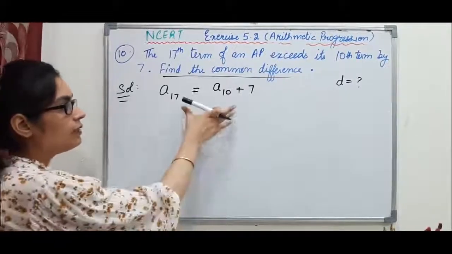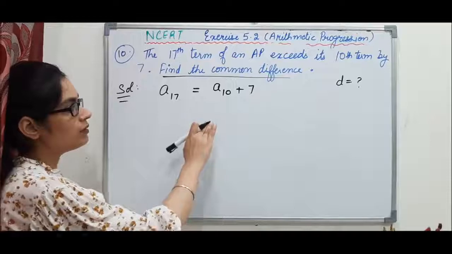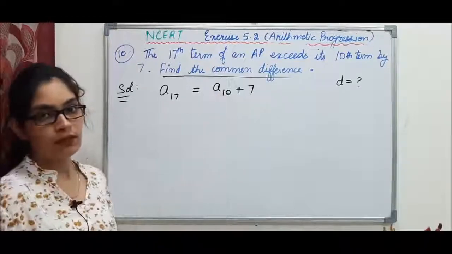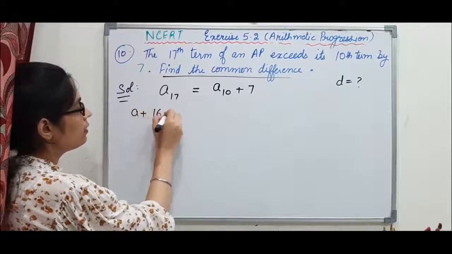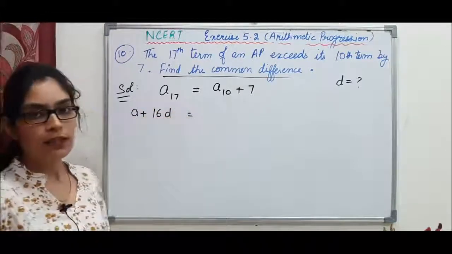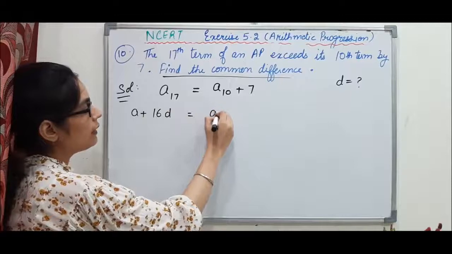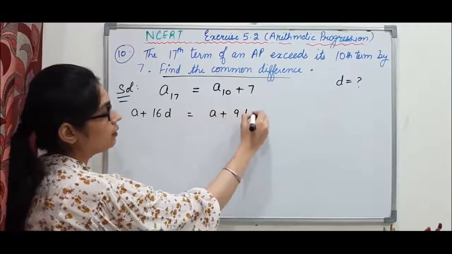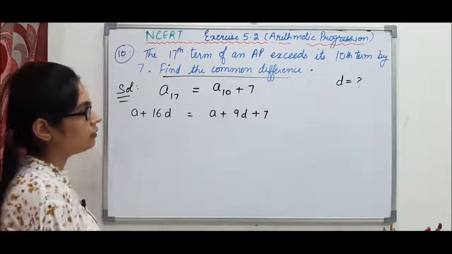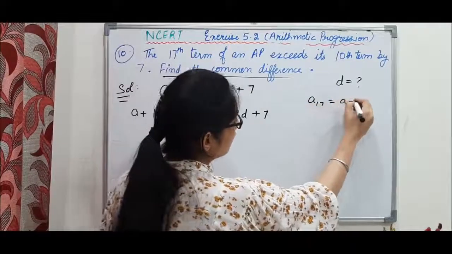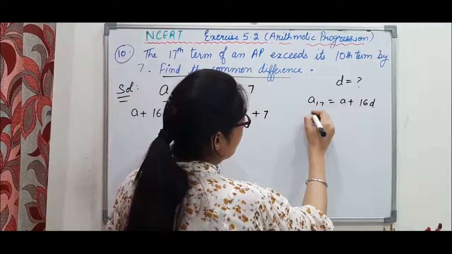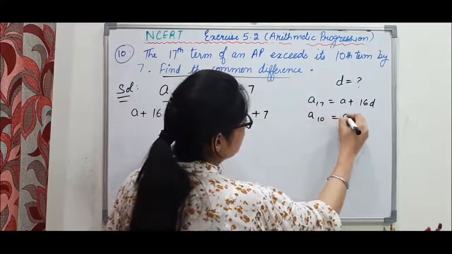Now, this thing I have got from this itself, I will write their formulas. 17th term formula is a plus 16d. It is equal to 10th term's formula, a plus 9d, plus 7 as it is I have written. So, these are just formulas. Here itself I will write A17 is equal to a plus 16d and A10 is equal to a plus 9d.